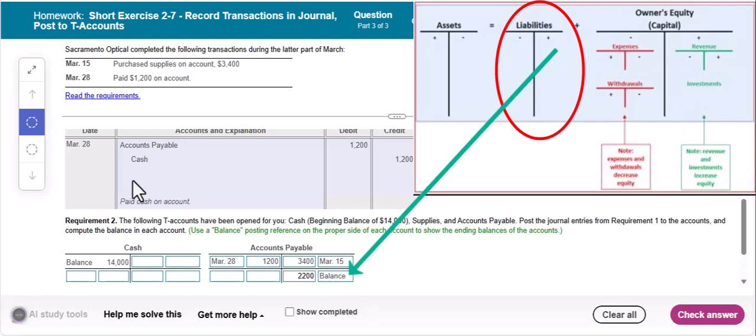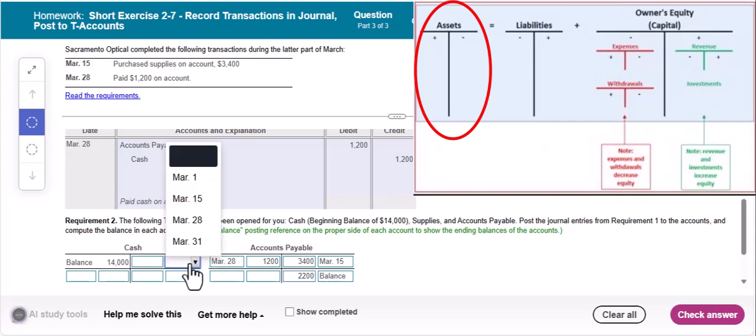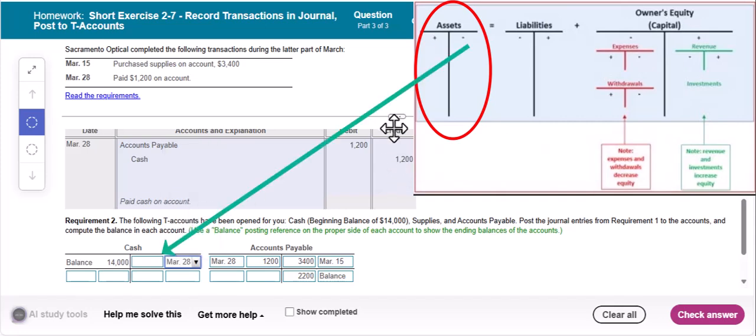And then last but not least, we need to post the cash account, this part of this transaction. We paid 1,200 in this transaction, so we're going to input March 28th on the credit side, since again we took out money, and this was on the credit side up here in our journal entry. Then we're going to input 1,200, and we need to do a little bit of math again.